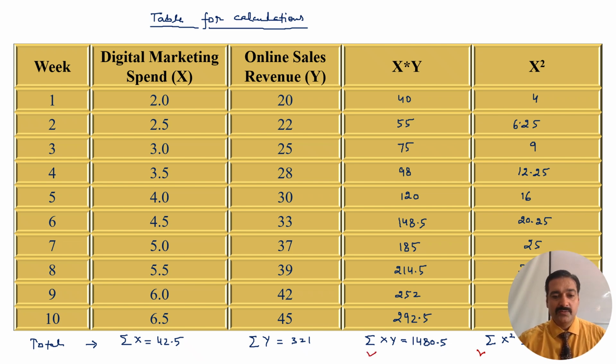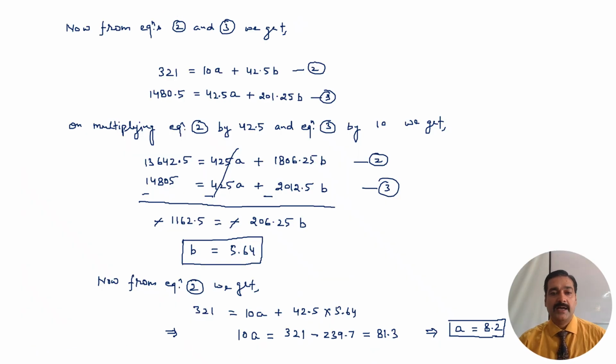Now we simply need to put these values in the equations which we have just developed by making use of the least square method. So let's see how to solve those equations. After putting the values of summation y, summation x square, and summation x into y, we get these two equations. To simplify these equations, we will make use of the elimination method.